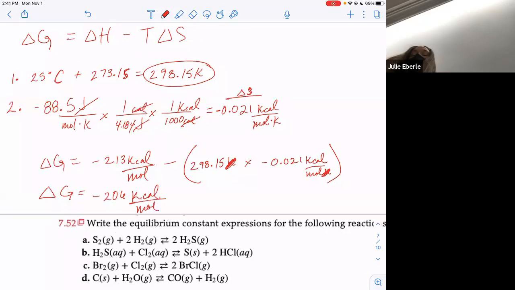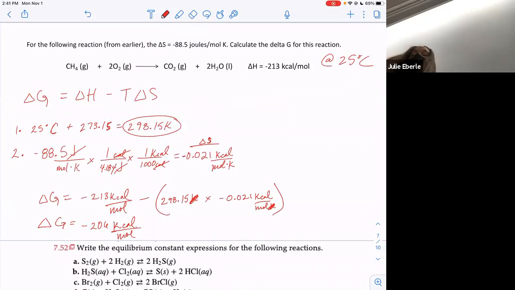Do y'all have questions now? Any questions on what we did with delta S, what we did with temperature, how we plug things in? Any questions on this? The 25, I forgot to include that in the problem.